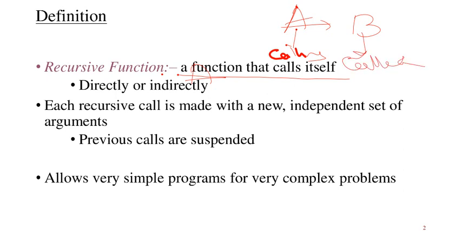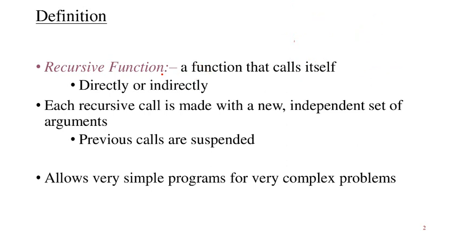So calling person and called person. Similarly like that, calling function and called function. So in a nutshell, let us say that a recursive function is a function that calls itself, whether directly or indirectly.